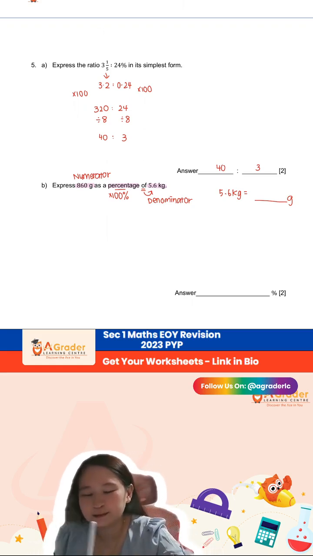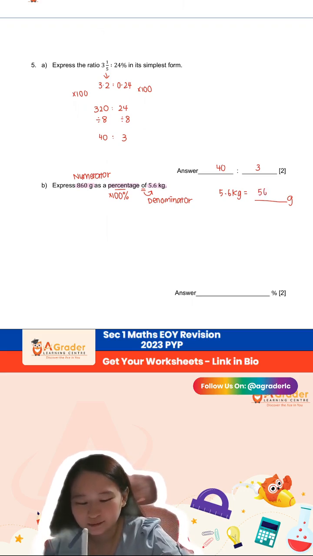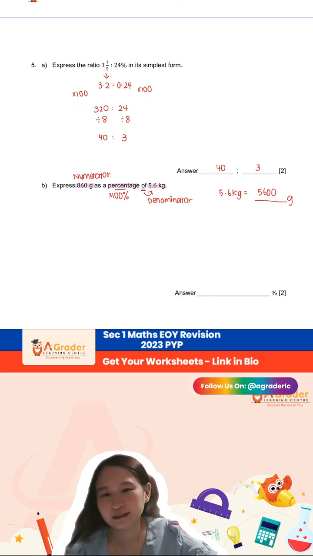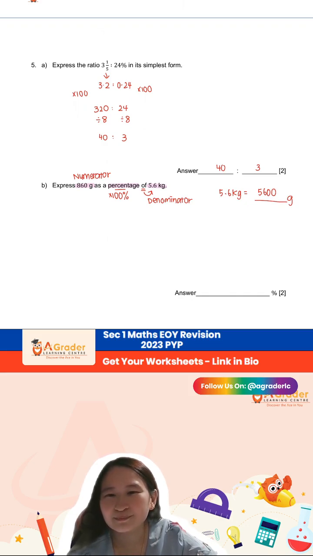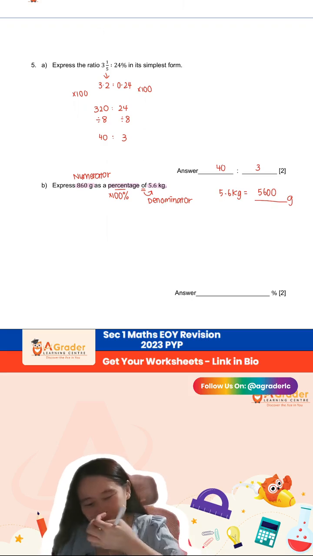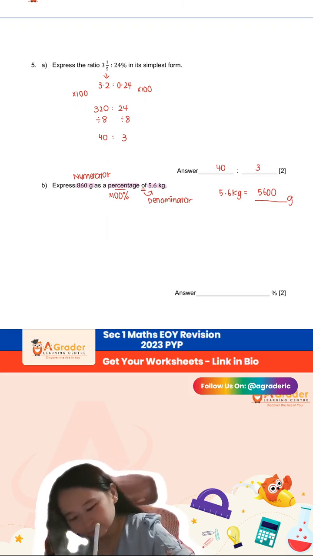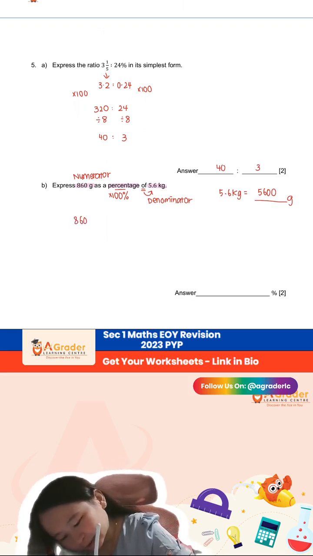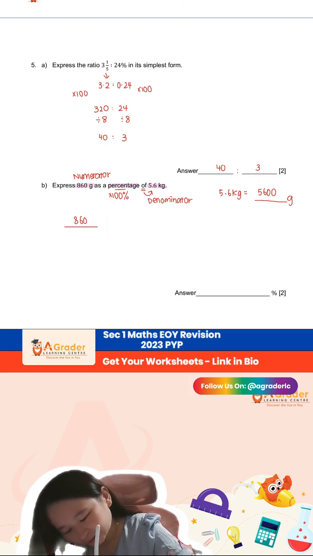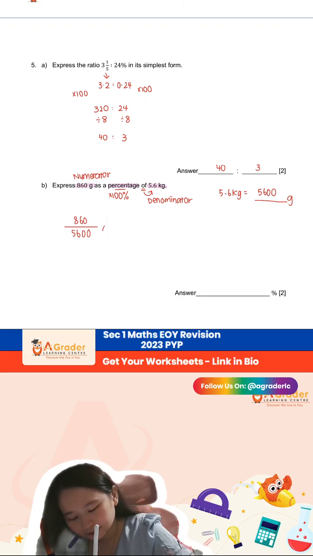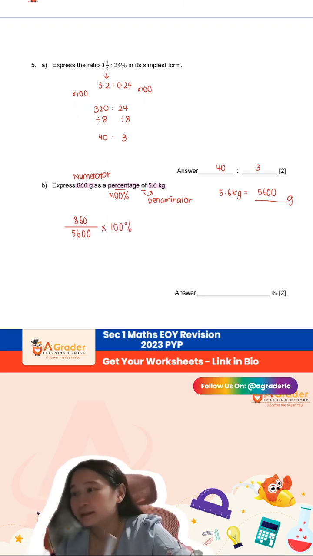Okay, so 5.6 kg is 5,600. So 860 gram over 5,600 times 100%.